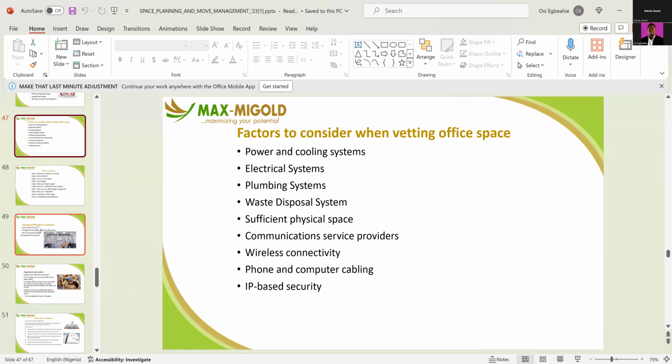Another thing you need to look at is the waste disposal system, how the Lagos State waste management can come into your facility to take out their waste. If you are not able to do that, of course, you know that Lagos State these days, they fine offices or facilities for that. Look at sufficient physical space in terms of parking, communication, service providers.